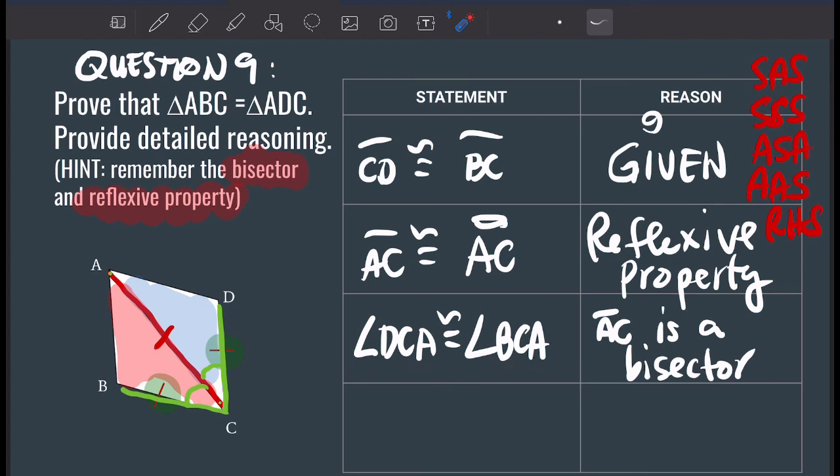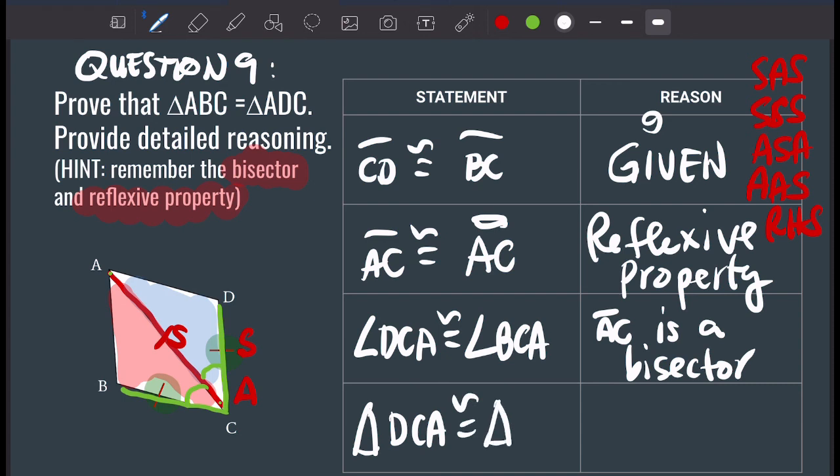Okay? So what do we have now? We have a side, we have an angle, we have a side. Okay? So, is triangle DCA congruent to triangle BCA? Yes.